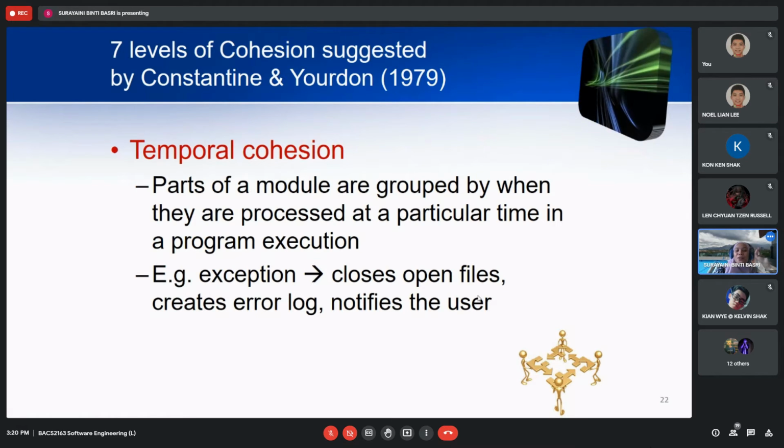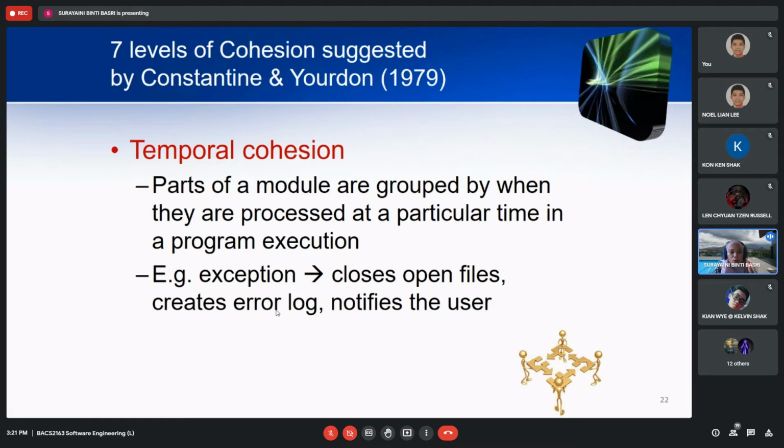Okay, so although they are actually from different subsystems, close open files is from subsystem A, create error log is actually a background process for subsystem B, and notify the user maybe is a background process for subsystem C. But because they are all executed at the same time during the runtime of the system, you group them together.